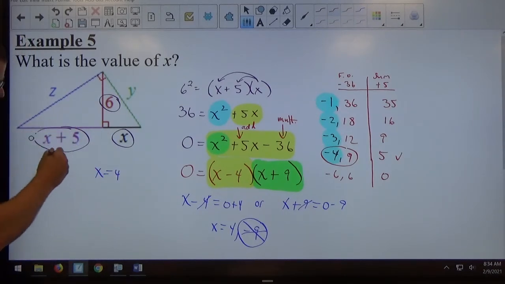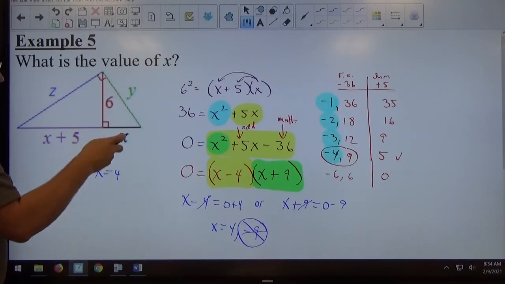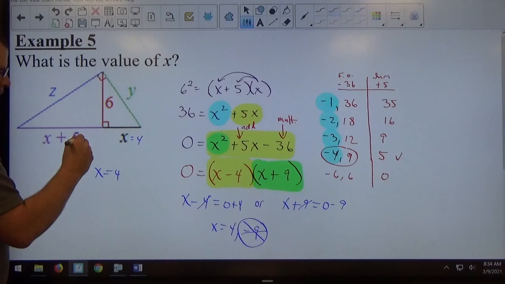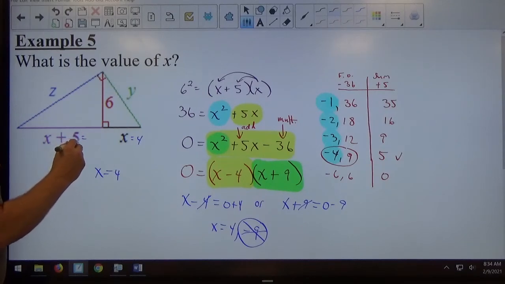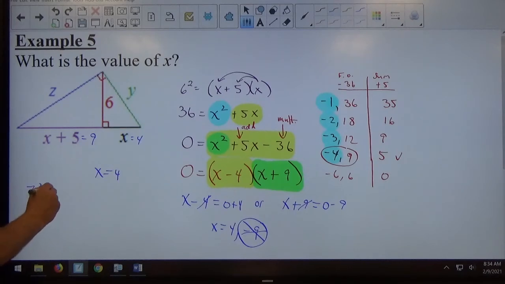Now, pretend this problem said find x, y, and z. So x equals 4. What does x plus 5 equal? 9. Right? Now that we know this is 9, this is 4, if I wanted to find out what z equaled, I know that z squared should equal something times something.